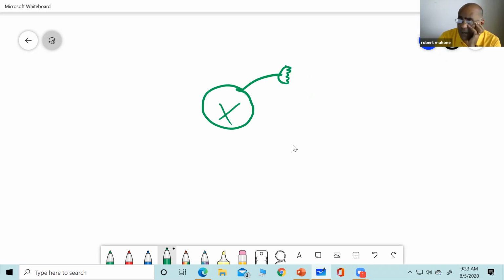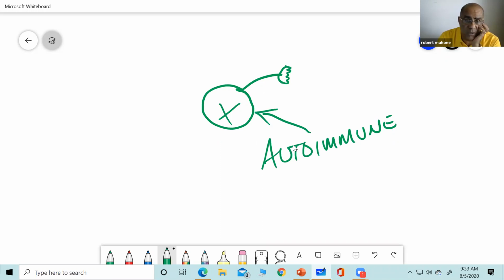And what do we call that? Autoimmune. Your immune system is attacking your own cells because the marker is not recognizable. Okay. So anything in your body that's not recognized by your immune system will be attacked and destroyed.